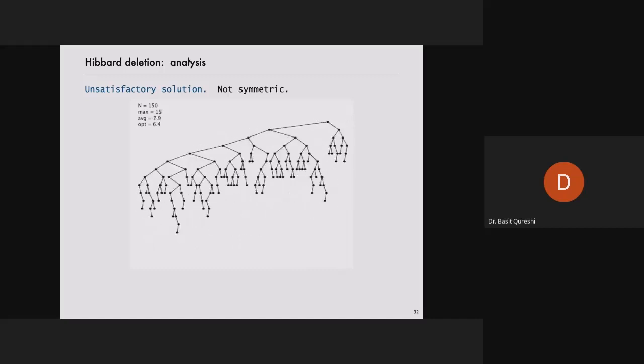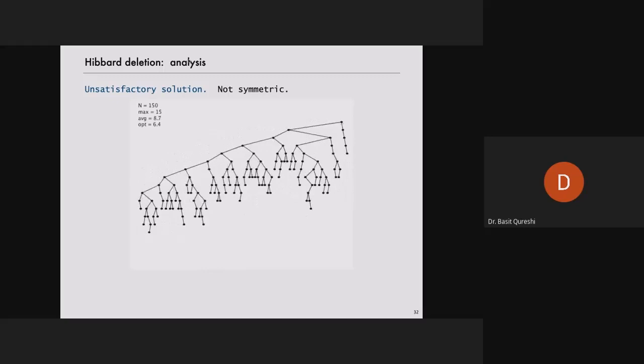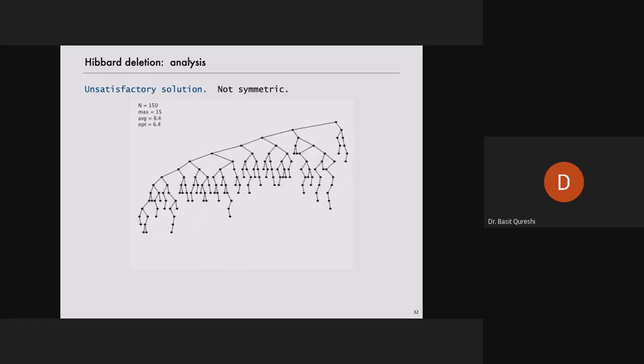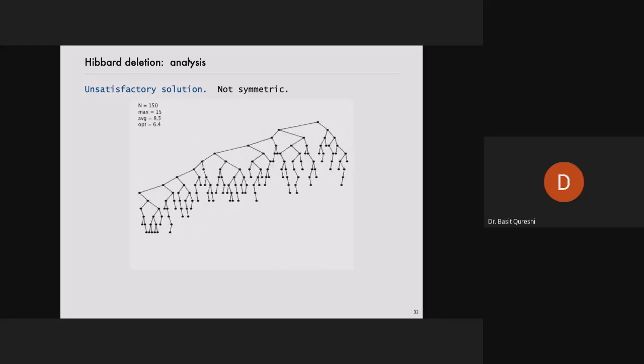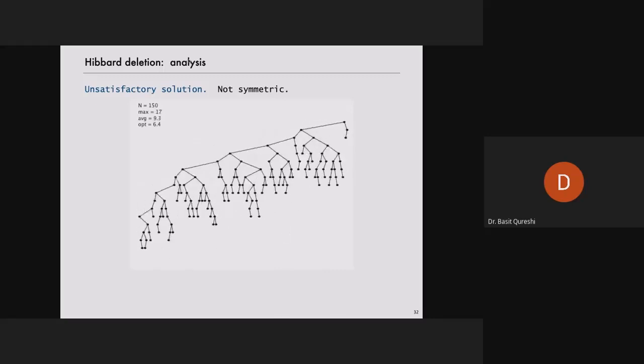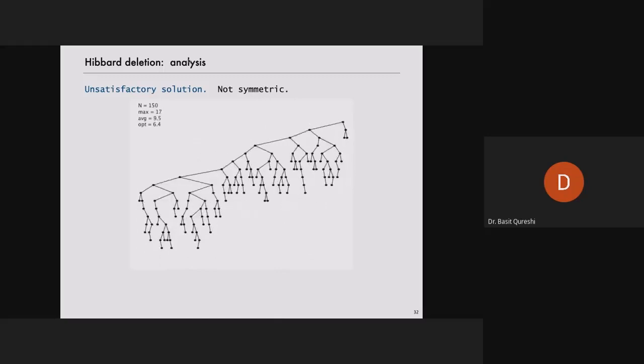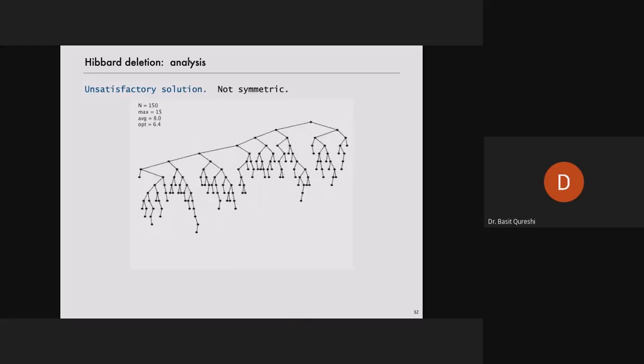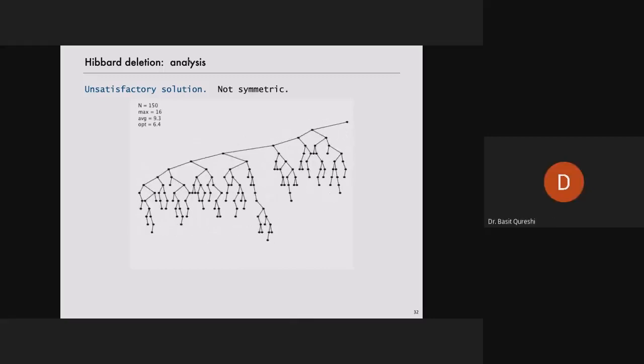So what happens now is if you simulate a tree using this approach, after a while you'll notice that the right side of the tree is always smaller in terms of height or number of nodes than the left side. If you keep repeatedly removing nodes with two children from the right side, eventually your tree is going to look like this. It's somehow skewed to the left side. So this is a problem with the Hilbert approach.